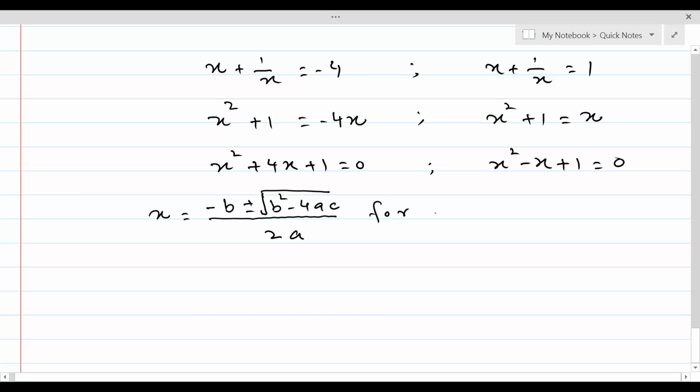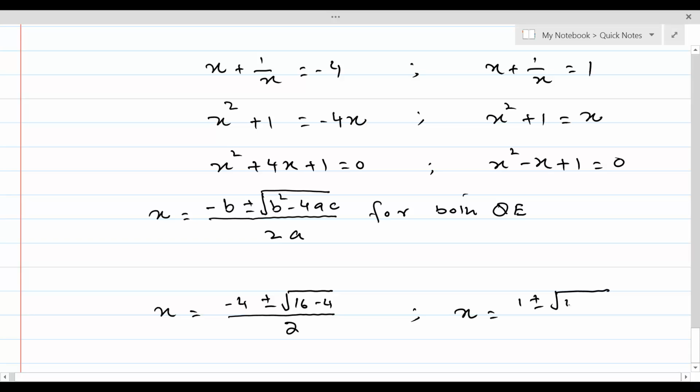For both quadratic equations, this x would be equal to minus 4 plus minus root of 16 minus 4, divided by 2, and here on this side x would be equal to 1 plus minus root of 1 minus 4, divided by 2.